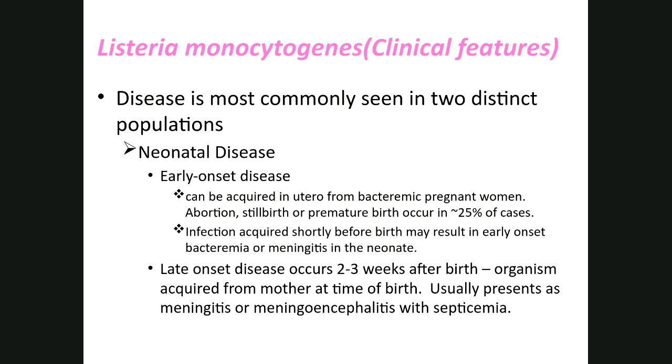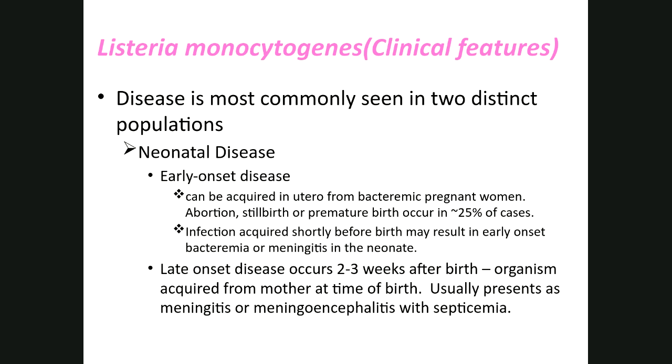And as we have seen, this organism has a great liking for the uterus, so it invades the uterus very preferably, and then it crosses the placenta and enters the baby, and it can produce abortion, stillbirth or a premature birth.